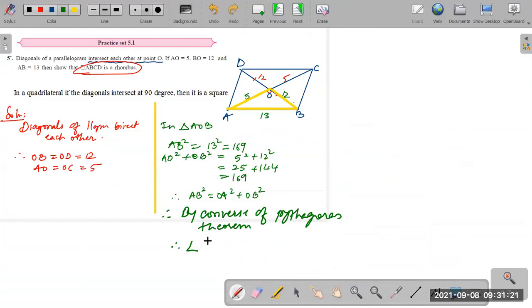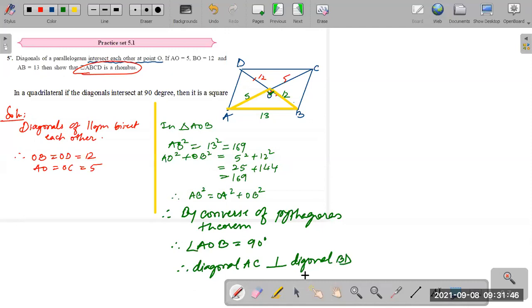Instead, mention the complete angle, that is angle AOB is equal to 90 degrees. Okay. Therefore, this is 90 degrees, so we can say that the diagonals are perpendicular to each other. Therefore, the diagonal AC is perpendicular to the diagonal BD.